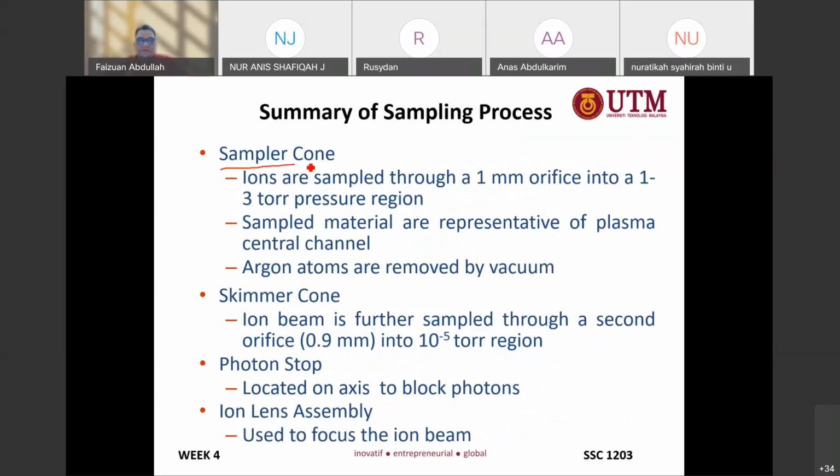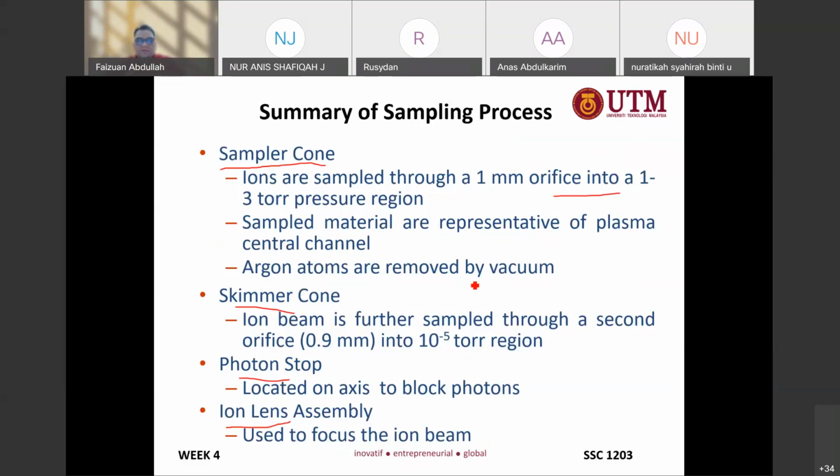So we have a sampler cone in the ICP-MS, a skimmer cone, a photon stop and an ion lens assembly. The ions are sampled through a 1 millimeter orifice into a 1 to 3 Torr pressure region. The sampled material is representative of the plasma central channel.